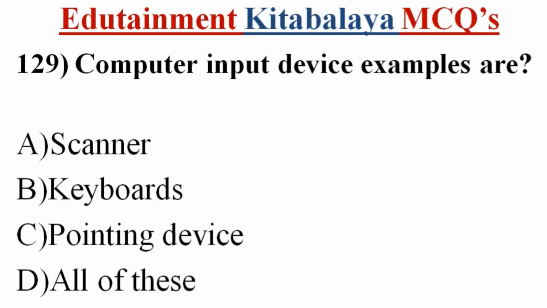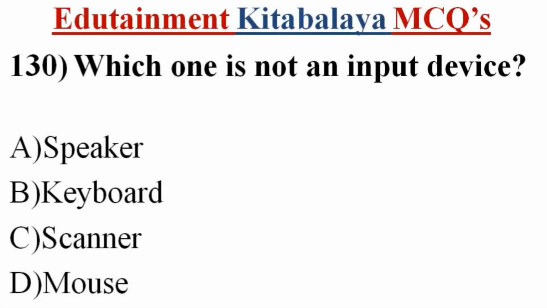C. Pointing device. D. All of these. Correct answer is D. All of these. Question number 130. Which one is not an input device? A. Speaker. B. Keyboard. C. Scanner. D. Mouse. Correct answer is A.